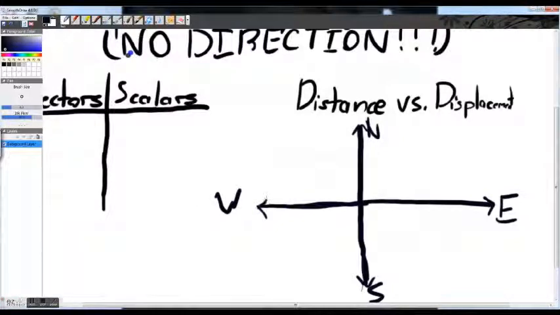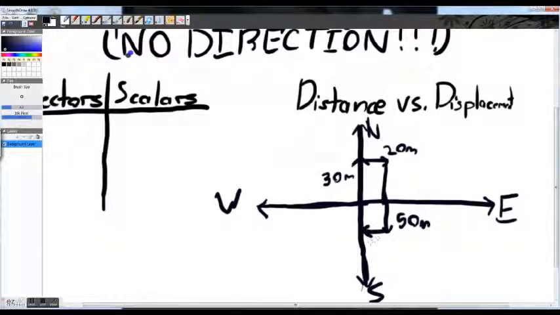Let's go ahead and say that this object is going to travel 30 meters north, then 20 meters east, then 50 meters south, and then 20 meters west.